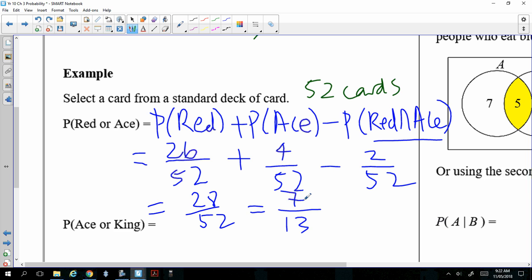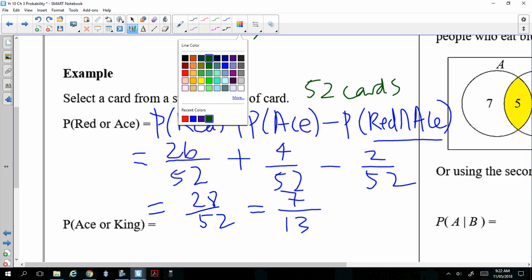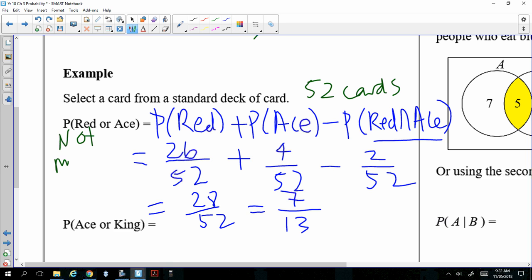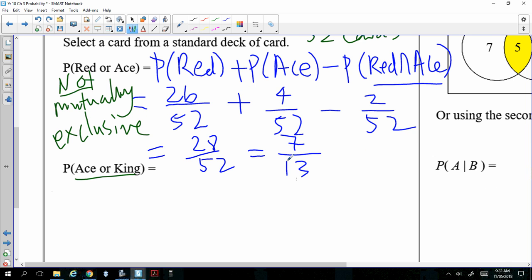So this is a case where it is not mutually exclusive. And we'll look at the case where they are mutually exclusive. Are ace and king mutually exclusive? Can a card be both ace and king at the same time? No. So it's actually mutually exclusive. So when it is mutually exclusive, the probability is equal to the probability of ace plus the probability of king.